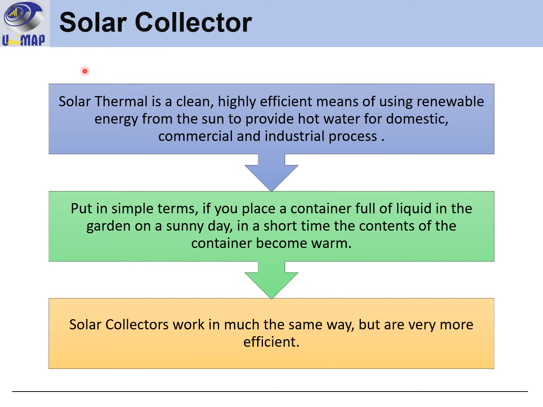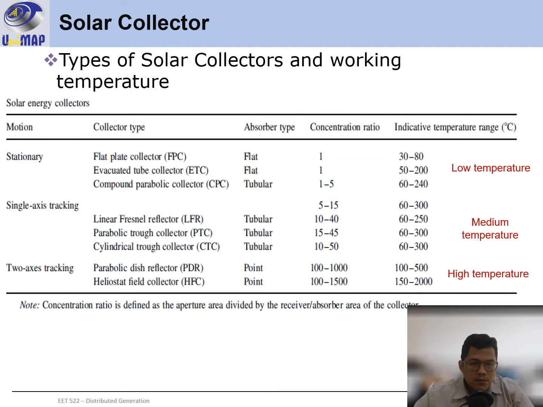This table shows the types of solar collectors and their working temperatures. We can classify the solar collectors based on their motion type. The first one is the stationary type, and then single axis tracking and two axis tracking.